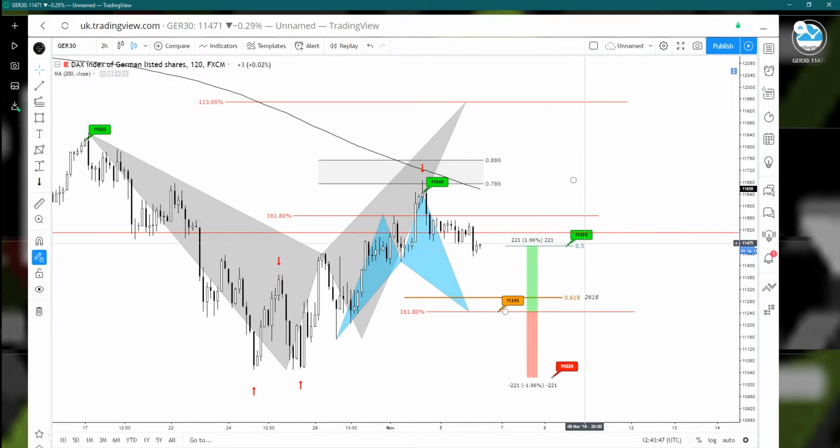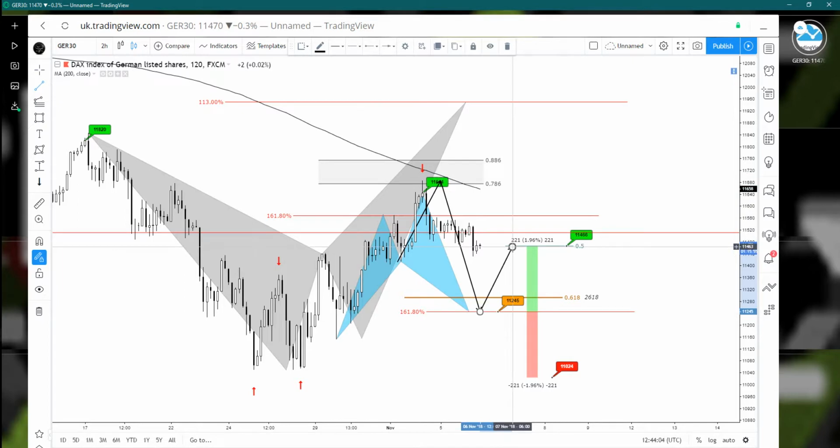So this is the 50% retracement for the shark pattern. So this is the default target at 50% retracement. And again, the shark pattern can offer us the 5-0 opportunity to reverse the price.